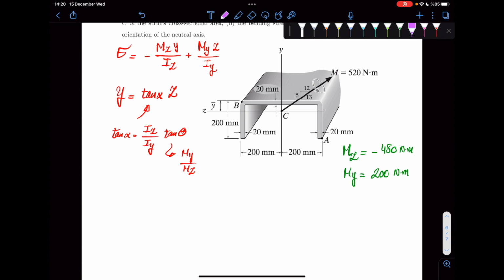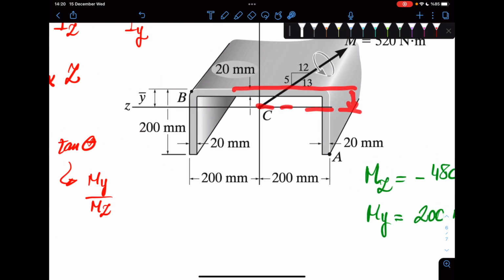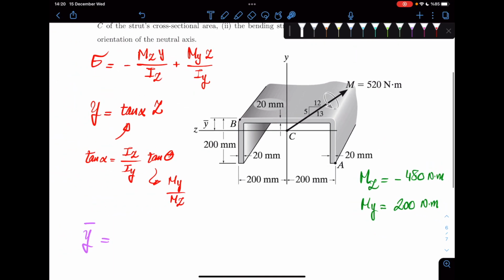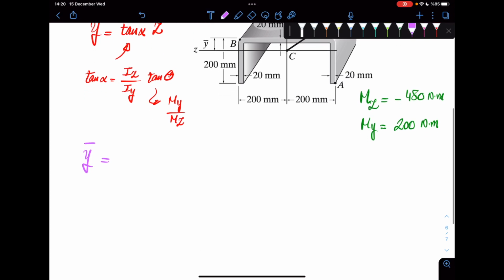Then you need to calculate y bar for your centroid. The centroid is here. We calculate y bar from this upper line. You start from this, and you want to find this distance. That would be what we call y bar. You know how to calculate that. Basically, the formula is simple.